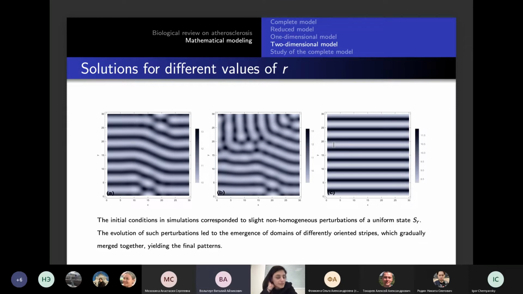This means that for the same value of the parameter, we can have different stationary regimes. And certainly all that also plays a role here and makes this modeling more difficult, because depending on the initial condition, we can obtain different solutions with different structures.